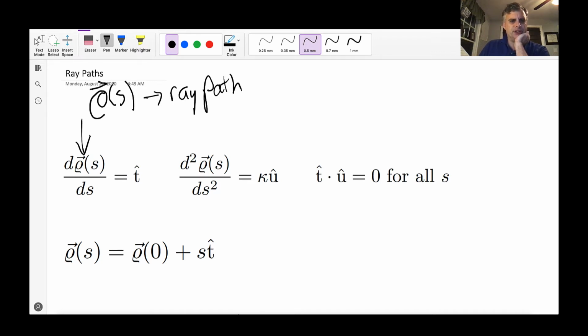Rho vector is a three-dimensional vector, a position vector, and it's a function of s, which is length along the ray path. Our rays are going to be defined as being perpendicular to our iconal functions.